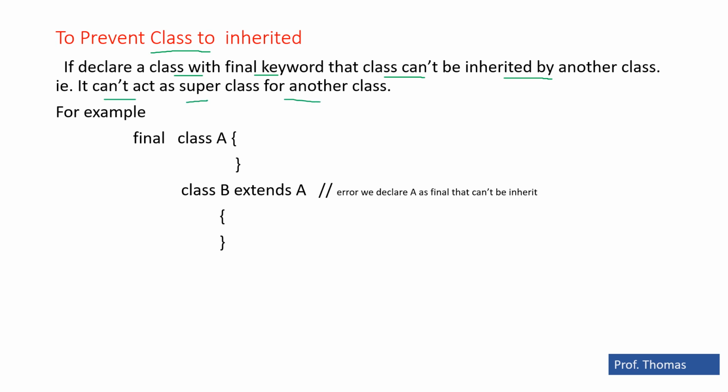Here is one example, final class A. We declare class A as final. If another class tries to extend A, it will show an error during compile time.